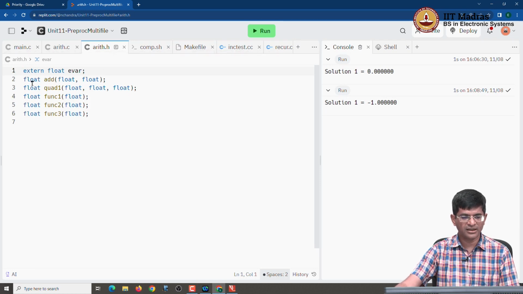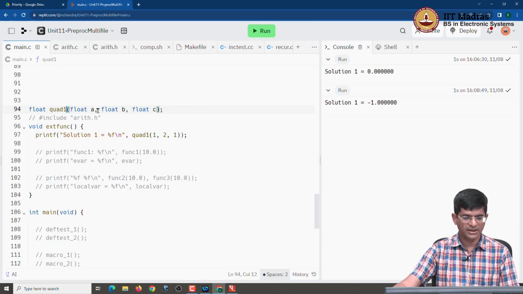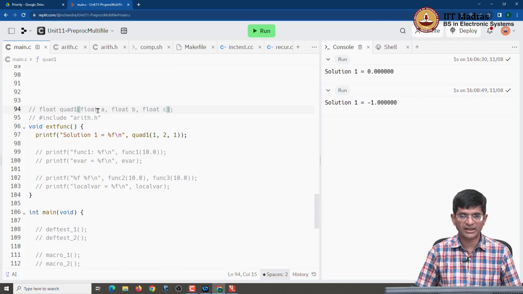In this header file, ignore all the other lines that are present, let's just focus on line 3. You will see that it contains a line saying float quad1, float, float, float, which is exactly the prototype that we would like to see. Now I can go to main.c, and instead of having this prototype here on line 94, I just include a #include arith.h on line 95.